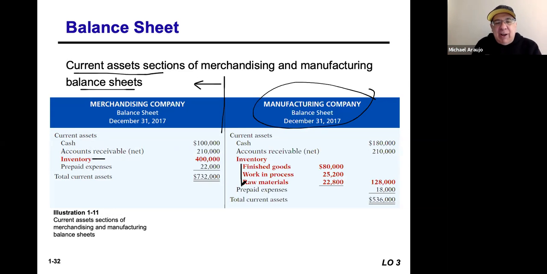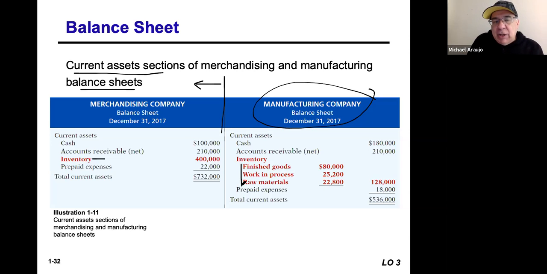So this company has $80,000 of finished goods that they can sell to other businesses. They have $25,200 of goods that are in process. And they have $22,800 of raw materials that have not yet been started to be processed.